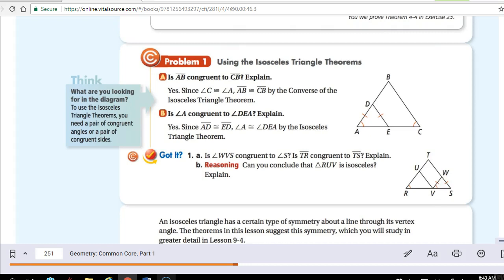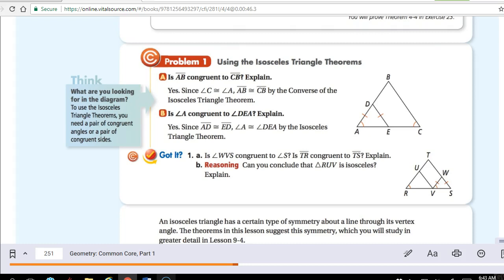Now, can we conclude that triangle RUV is an isosceles triangle? RUV is right here. Even though we could prove that the big one is an isosceles triangle, it's asking about this little one here.